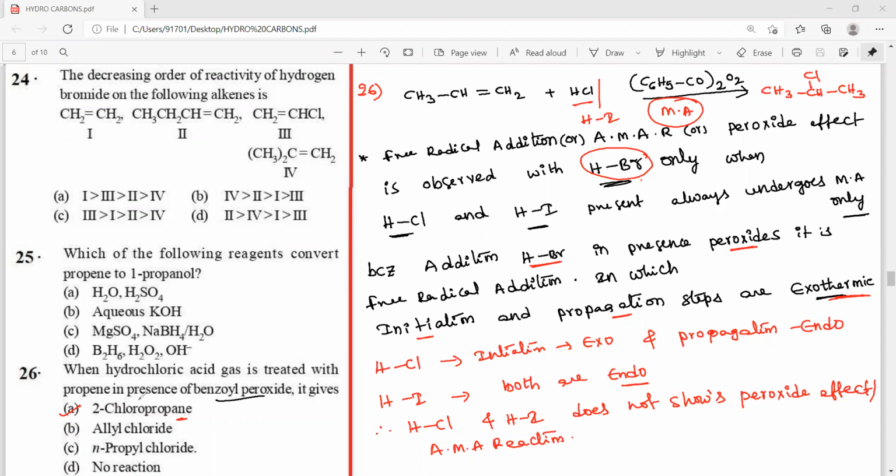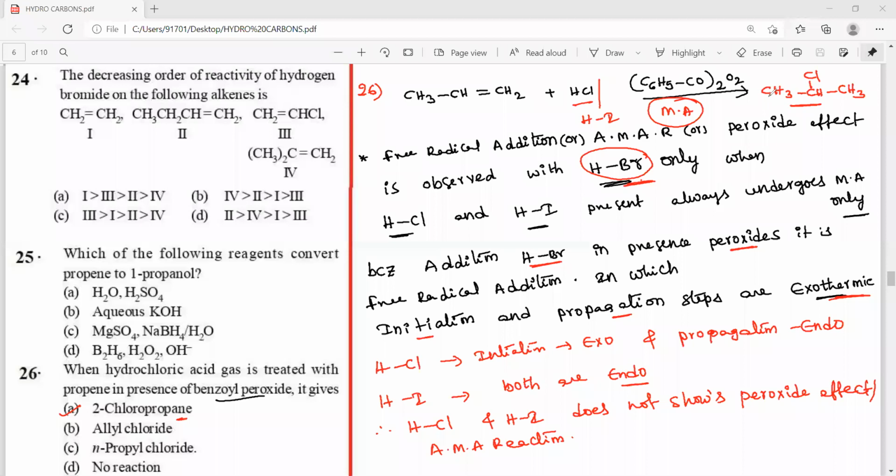That's why the peroxide effect or anti-Markovnikov addition reaction or free radical addition reaction is possible with HBr only, but not with HCl and HI. So propene on addition of HCl in the presence or absence of peroxides produces 2-chloropropane only.